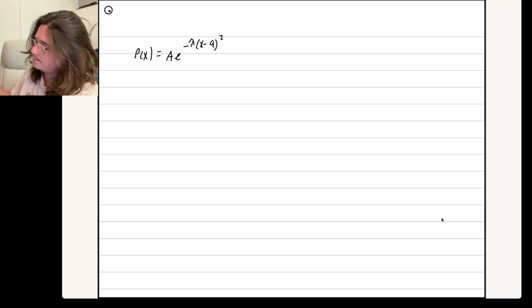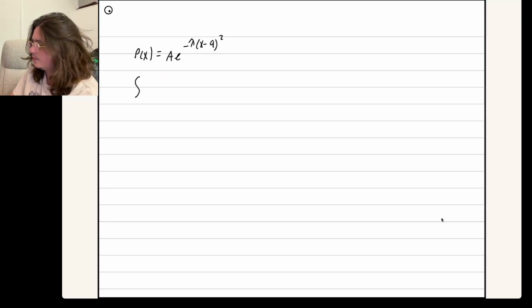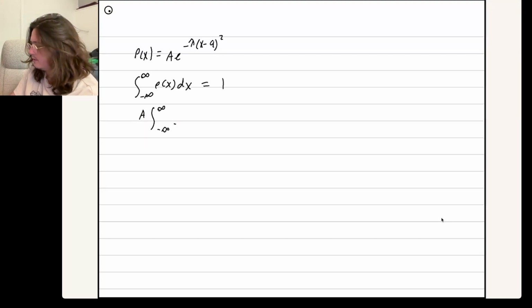So, starting with normalizing it, we need to find the integral over all space of the probability density with respect to x, and set it equal to 1, and that'll give us A. So A times the integral from negative infinity to infinity of e to the minus lambda (x minus a) squared dx equals 1.